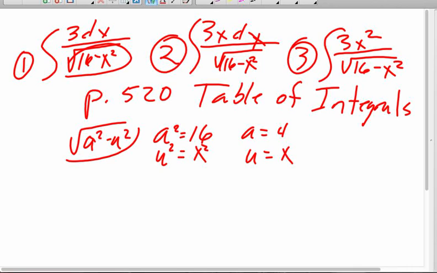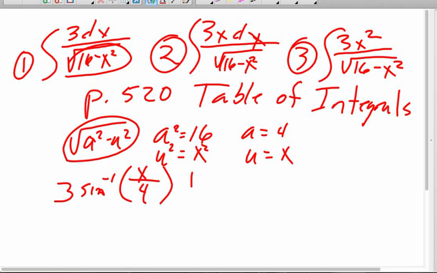And if you take a look, this becomes the arcsine of x over 4 plus C. And we're done. All over but the crying.